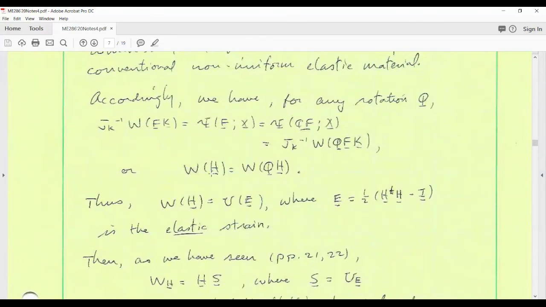We can polar decompose H in the usual way into a rotation factor and a stretch factor. Since this is good for any rotation Q, we can pick Q to be the transpose of the rotation factor in the polar decomposition of H to conclude that W must depend on H through the right Cauchy-Green deformation, H transpose H, or equivalently through the strain that you produce from that right Cauchy-Green deformation, right?